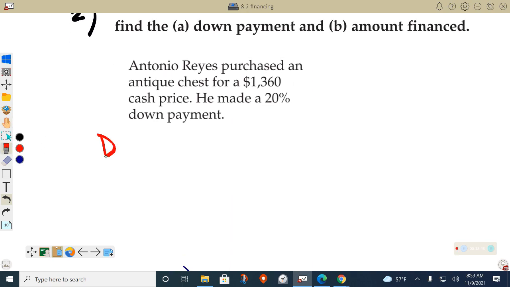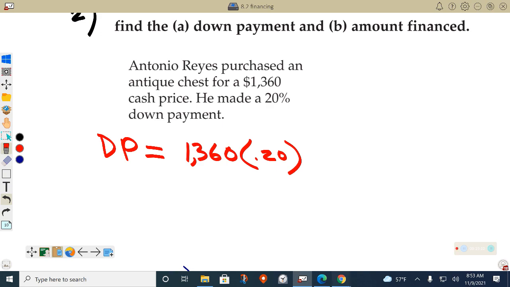So I'll put DP for down payment equals the cash price, $1,360, multiplied by 20% as a decimal, 0.20, because Antonio wants to put 20% down. Which means he'll finance 80%, right?